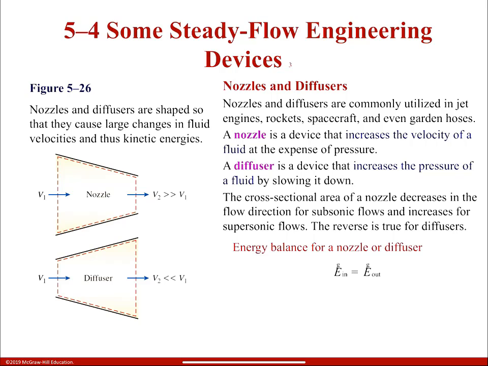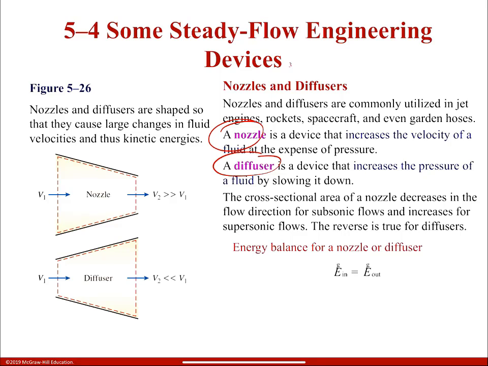A nozzle is a device that increases the velocity of a fluid at expense of pressure. A diffuser is a device that increases the pressure of a fluid by slowing it down. The cross-sectional area of a nozzle decreases in the flow direction for subsonic flows and increases for supersonic flows. The reverse is true for diffusers.